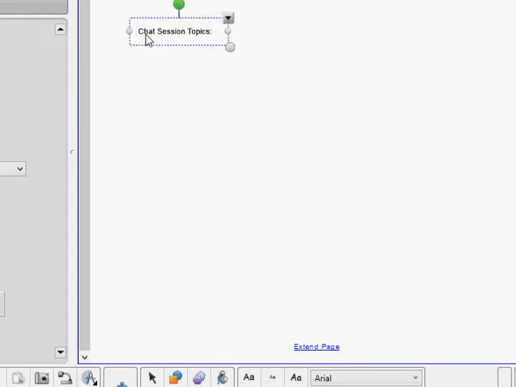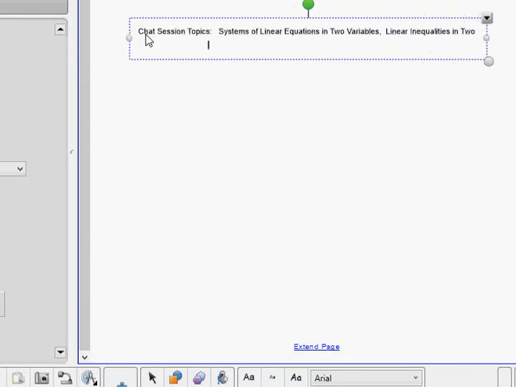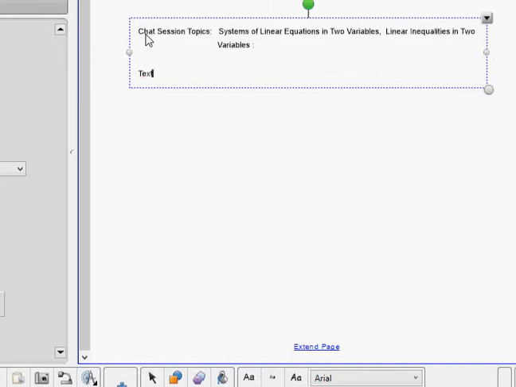Chat session topics are systems of linear equations in two variables, linear inequalities in two variables. And this is textbook sections 7.3 and 7.4.